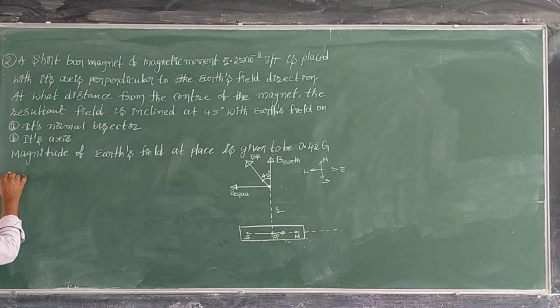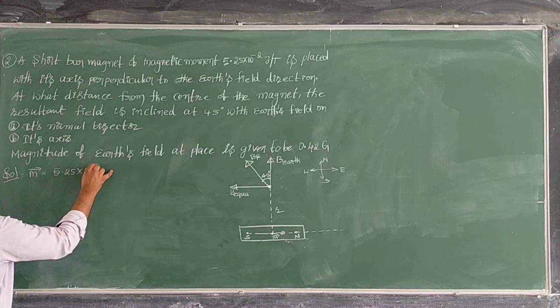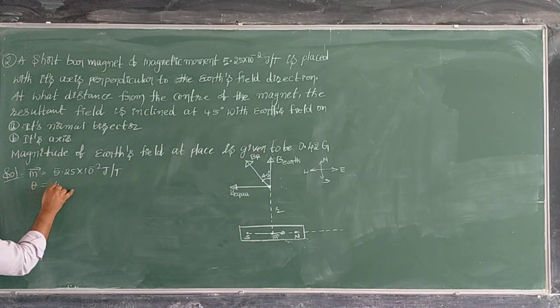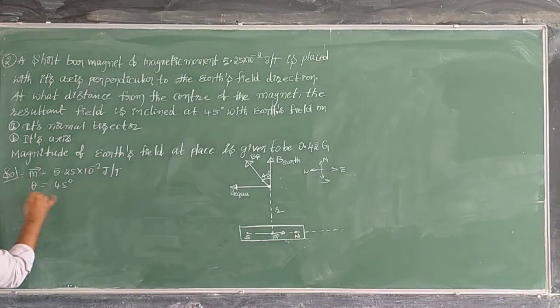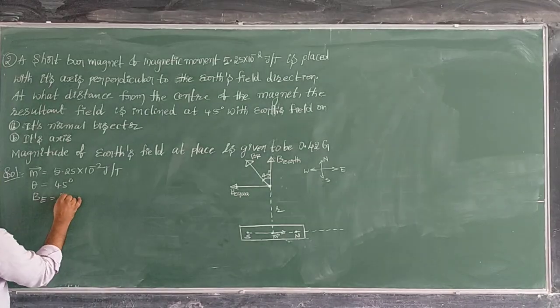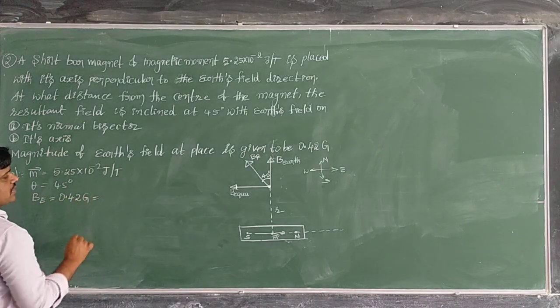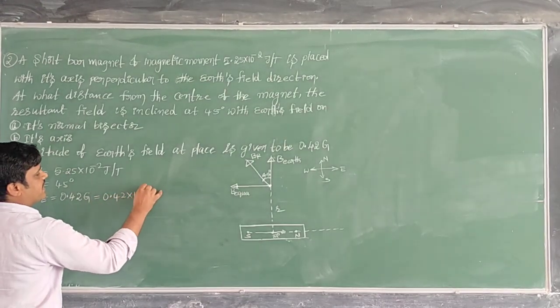First, write the solution. Magnetic dipole moment M is equal to 5.25 into 10 power minus 2 joule per Tesla. The angle is 45 degrees. Thereafter, the magnitude of the Earth's magnetic field, capital E, is given as 0.42 Gauss. 1 Gauss is equal to 10 power minus 4 Tesla, so we get 0.42 into 10 power minus 4 Tesla.